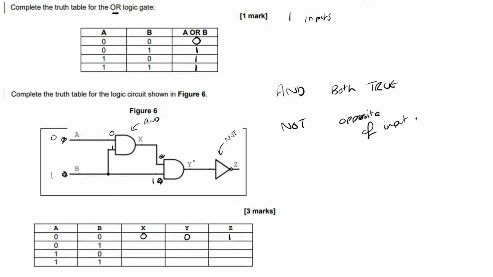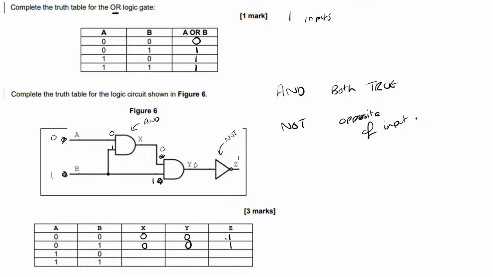And then if we carry this on down here, because they're not both on, this will still be a 0. And then again, these are both not on, so it'll still be a 0. So that will be the opposite, which is on. So it's all false, false, true.